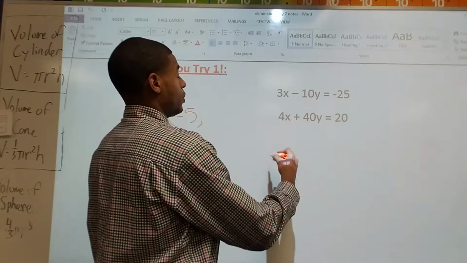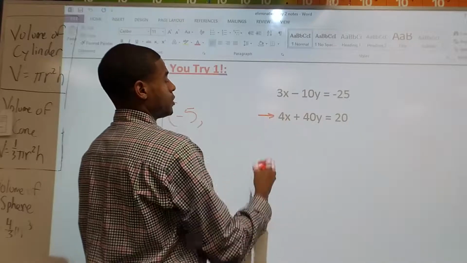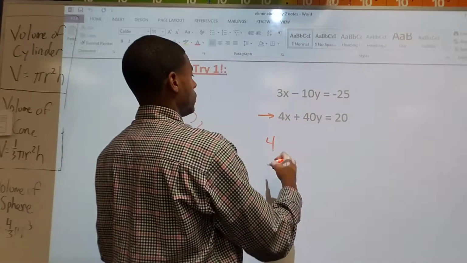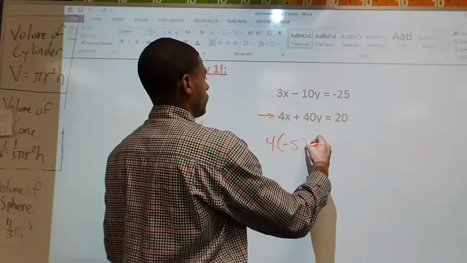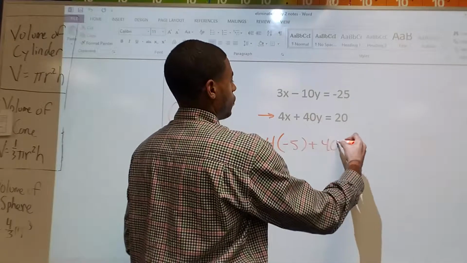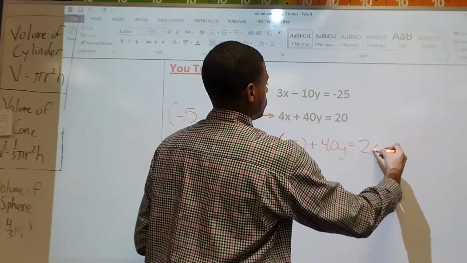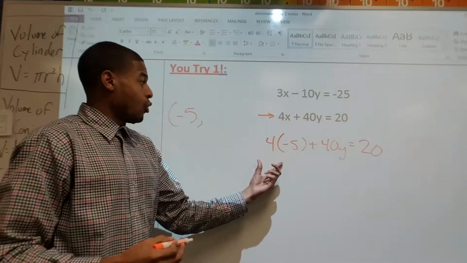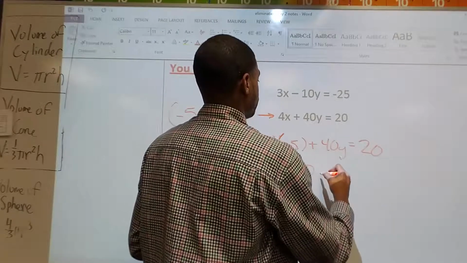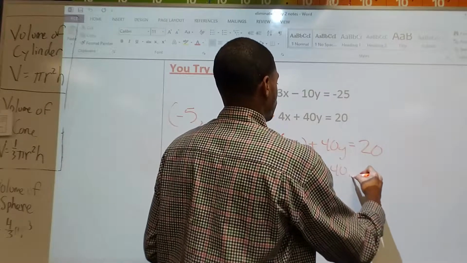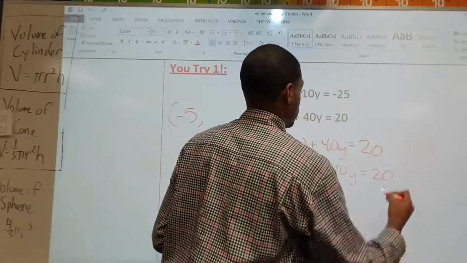I'm going to use this equation, so I have 4 times negative 5 plus 40y is equal to 20. 4 times negative 5 is negative 20, plus 40y is equal to 20.